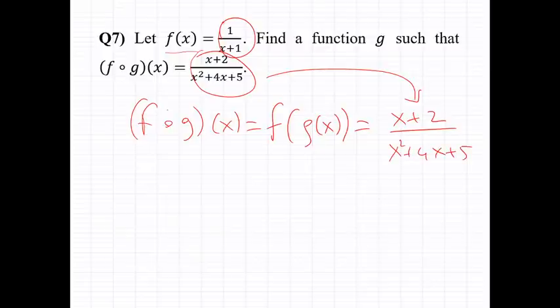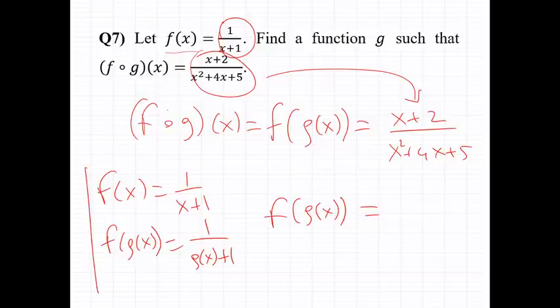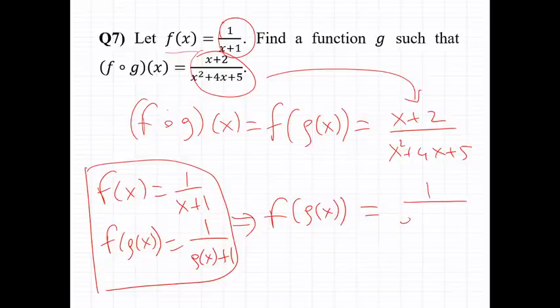And also you can write this one as, here f of x is equal to 1 over x plus 1. And then f of g of x should be equal to 1 over g of x plus 1. Now this f of g of x is also equal to, from this part, 1 over g of x plus 1.